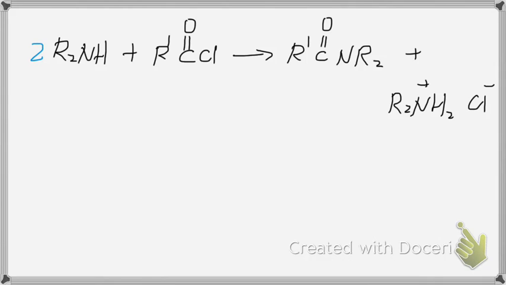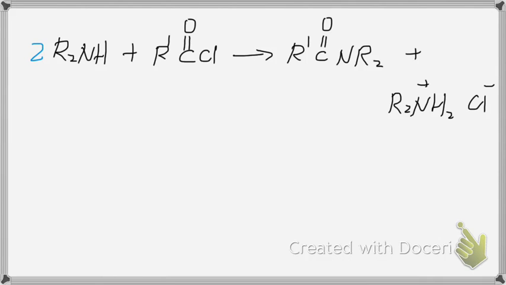I'm not going to go through the mechanism. You should know this already. And the byproduct initially is HCl. HCl is an acid, and amine will be a base. So the acid-base reaction will take place here, that amine will grab the proton from HCl to form an amine salt.